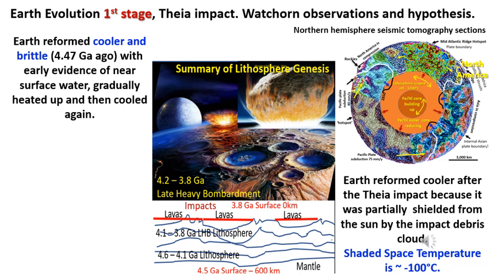The reason that it formed cooler and brittle, as you can see in the image on the right-hand side, is because after the Theia impact, it was partially shielded from the sun by the impact debris cloud. The shaded space temperature is -100.